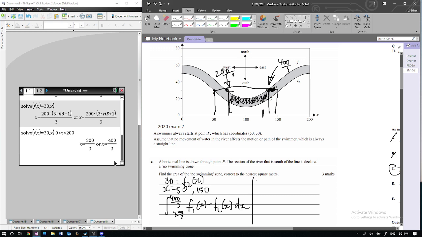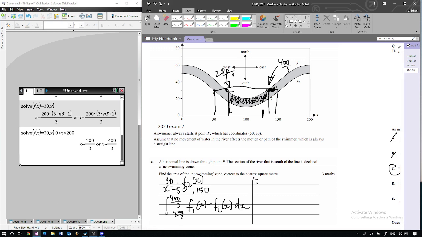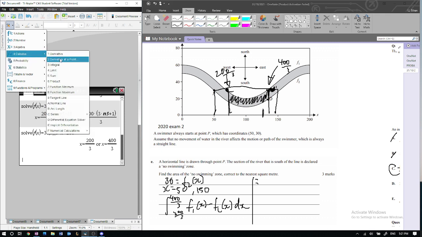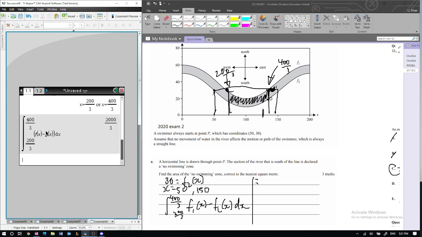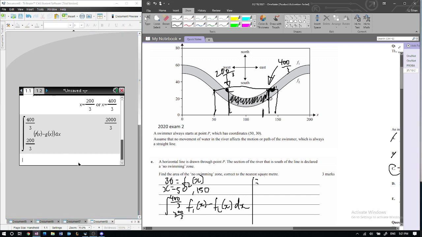Okay, and that is equal to, should I use a calculator? Okay, and then that bit is equal to 2000 on 3.